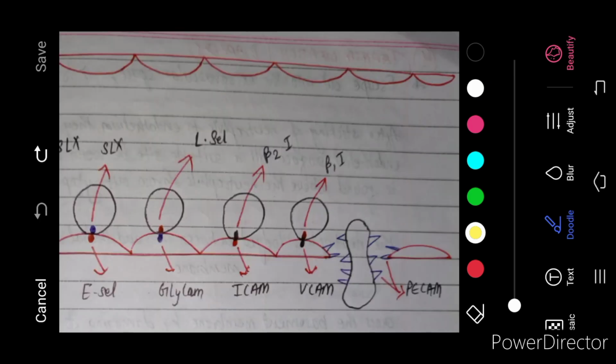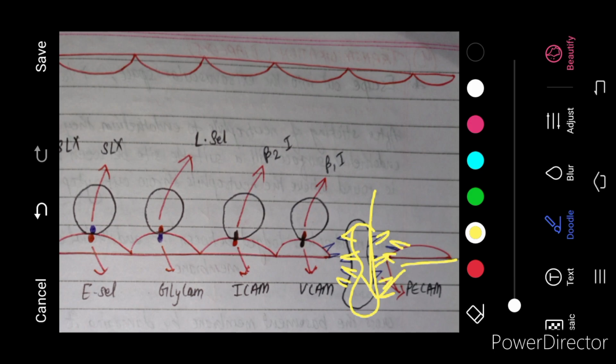Now let's see how transmigration takes place. So receptors are present on the endothelium, these are the receptors, and also on the corresponding WBC. Here, these are the receptors on both sides, which push the WBC downward out of the gap.